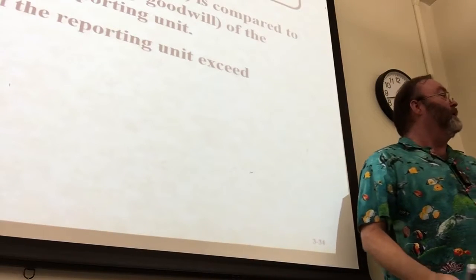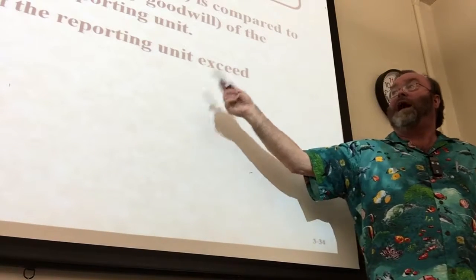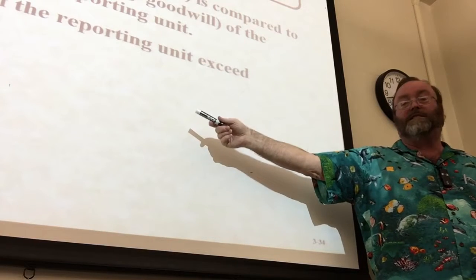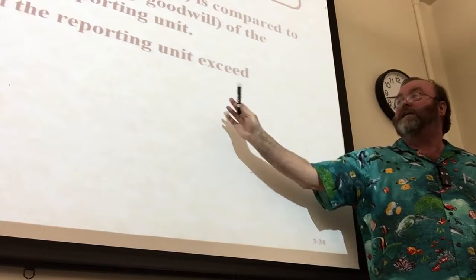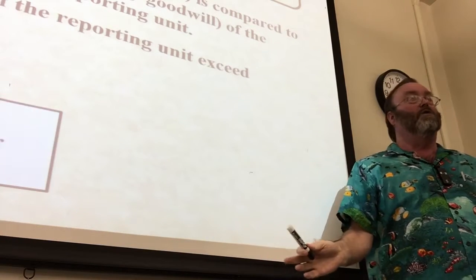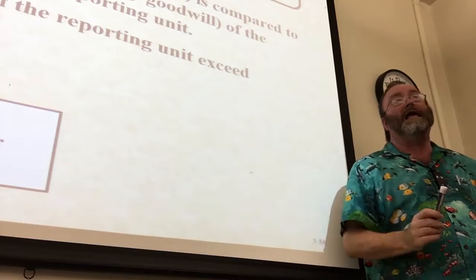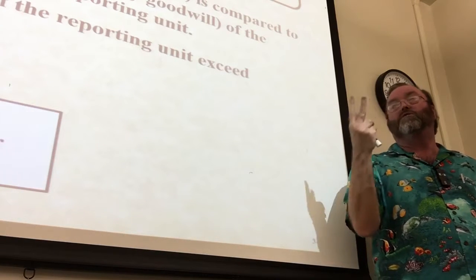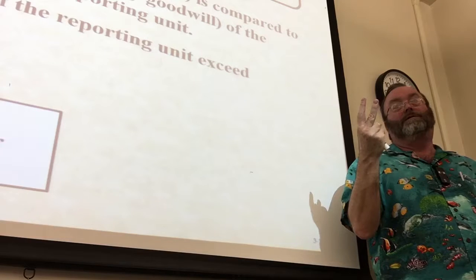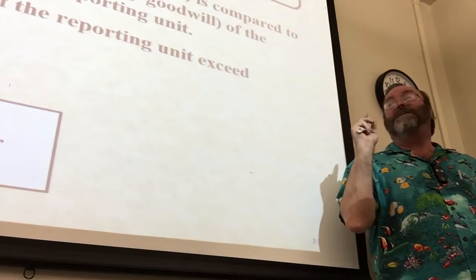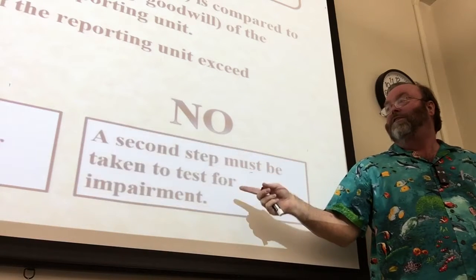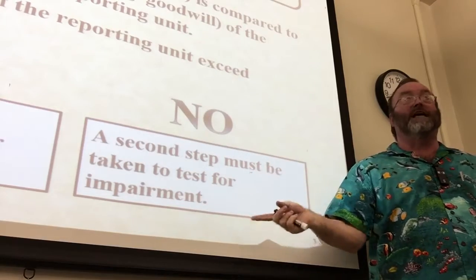That's step one. Is it higher? And in most cases, it's going to be a yes. If it's yes, you're done. Goodwill is not impaired. You do not need to go to step two. If it's not, then you have to do this second step.